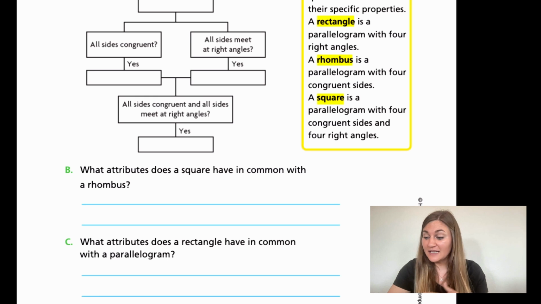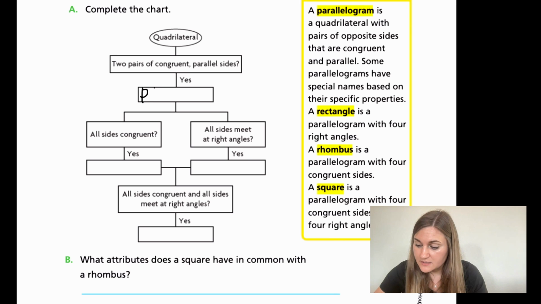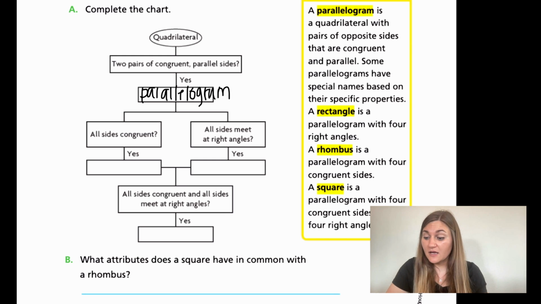All right, great. Let's go ahead and do these together. So at the top is the quadrilateral. Then underneath it, we have the parallelogram. So that is the quadrilateral with pairs of opposite sides that are congruent and parallel. So they're both equal and parallel to each other. So we want to write in this shape that it's a parallelogram. Then we're going to say all the sides are congruent.